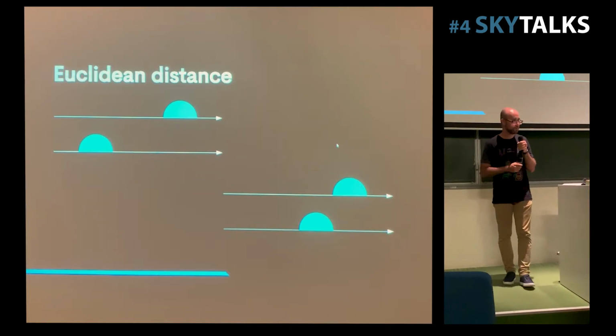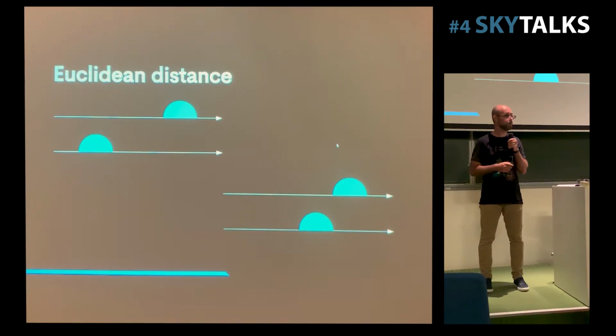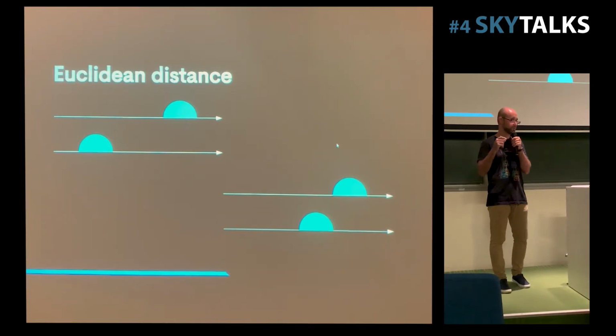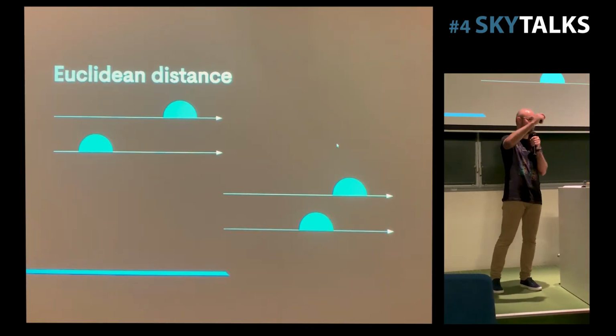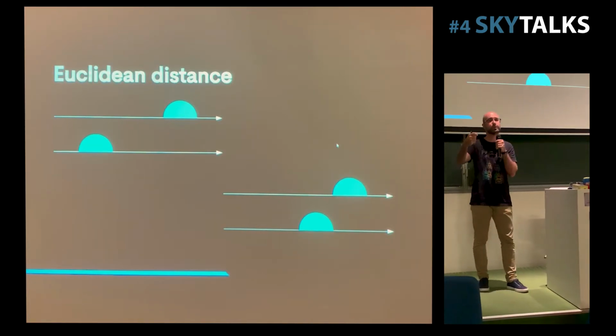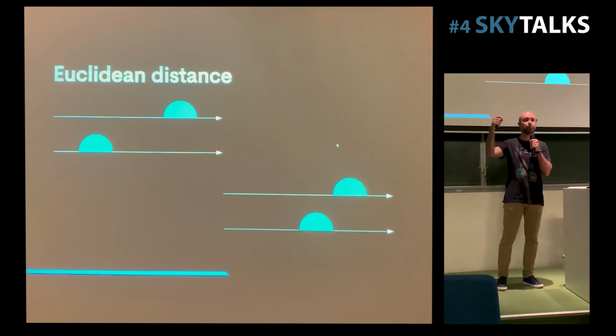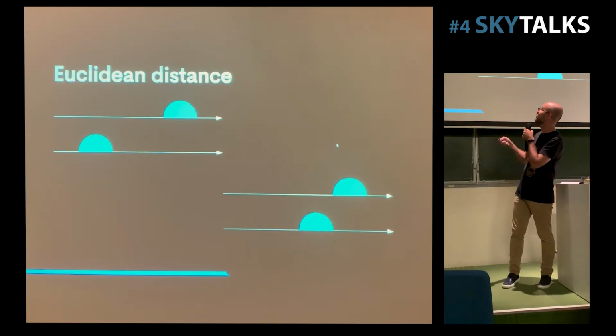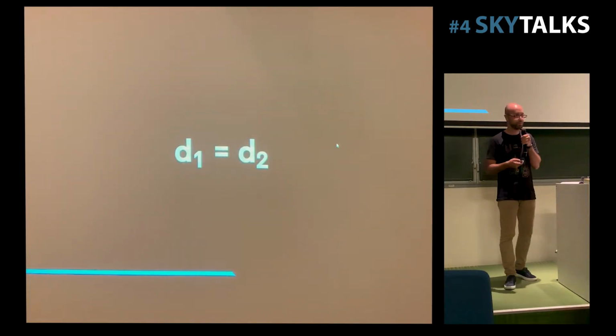Okay, let's do that. And Euclidean distance unfortunately doesn't work. You just take this series and you subtract one vector from another vector, you take the square root of the sum of squares, and you realize that in both cases the distance will be the same.